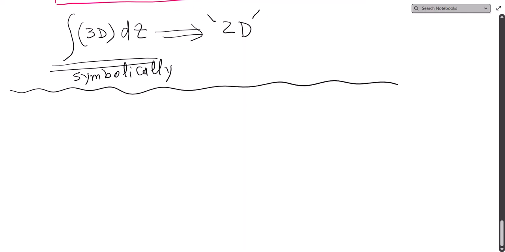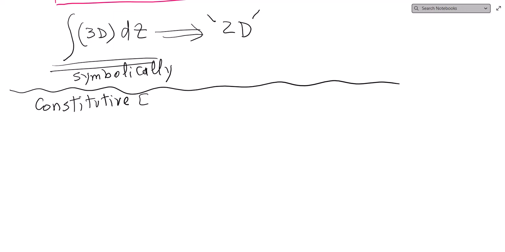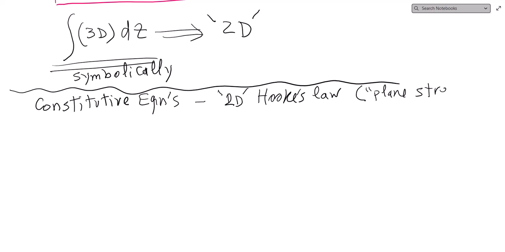Okay, so if we do that, then I write here the constitutive equations, the two-dimensional version of Hooke's law. If you like, a quote-unquote plane stress problem.